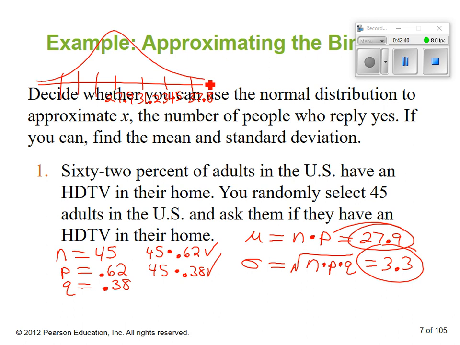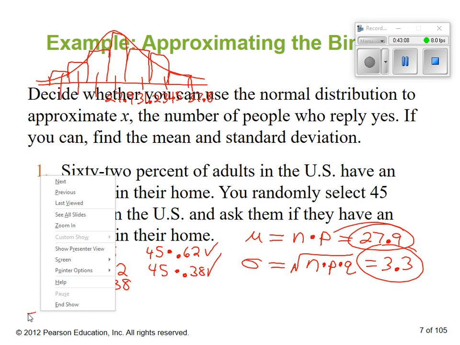Since it's binomial, it would actually have the bars, but we're going to approximate it to be normal. They didn't ask us to do all that, but you need to realize that for what we'll do in a minute.